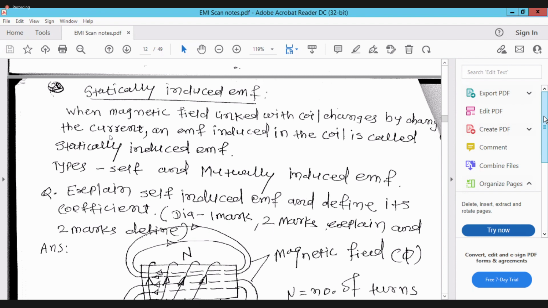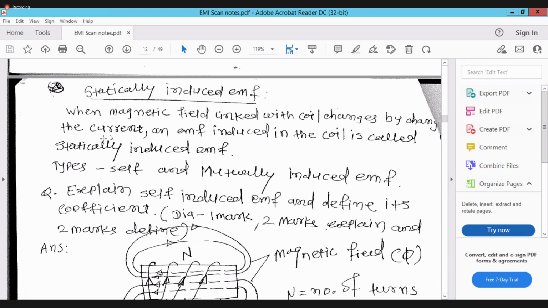We are changing the value of the flux by change of current, and due to the change of flux, an EMF is induced. That induced EMF is called statically induced EMF. What is the definition of statically induced EMF written over here? When the magnetic field linked with the coil changes by change of current, the EMF induced in the coil is called statically induced EMF.